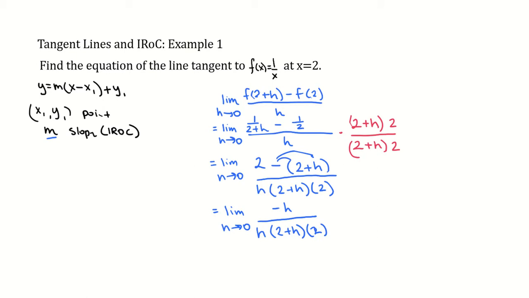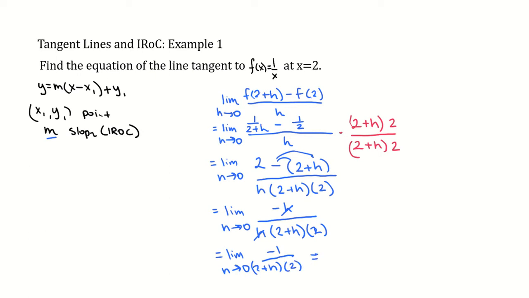And then we can cancel out h over h. That will leave us with the limit as h goes to 0 of negative 1 in the numerator over 2 plus h times 2.